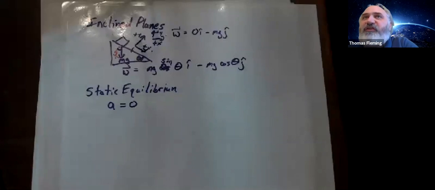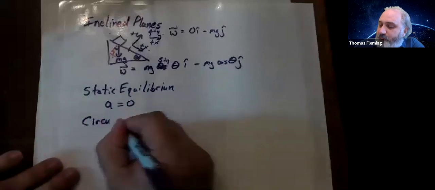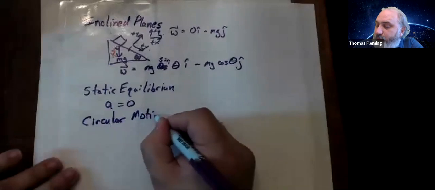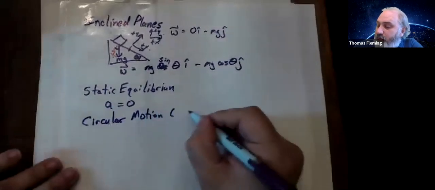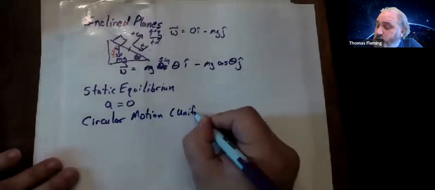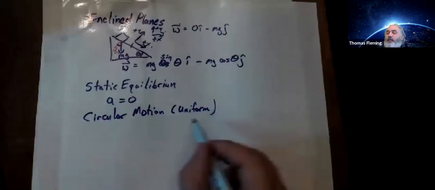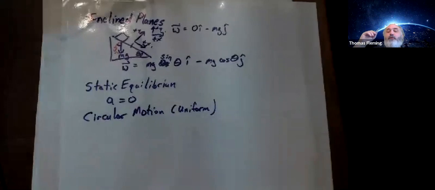In chapter 6, we introduced circular motion. Specifically, uniform circular motion, I should say, because that was chapter 6. Uniform circular motion just means that I'm moving in a circle, but I'm doing so at a constant speed.